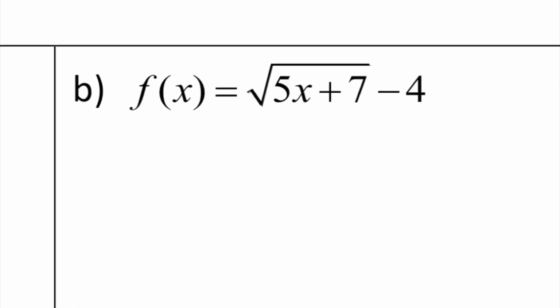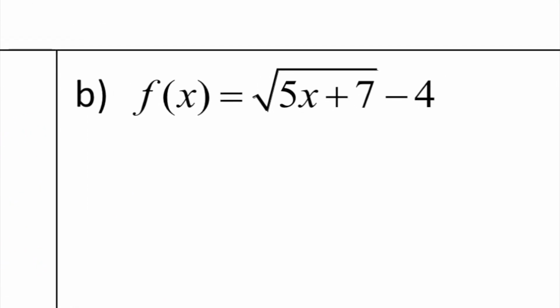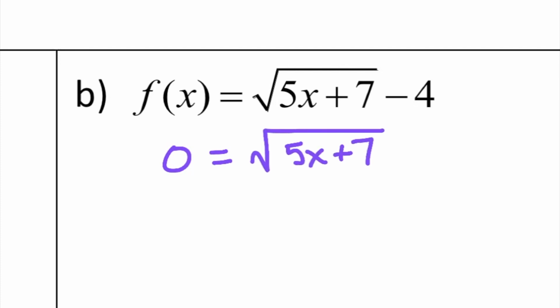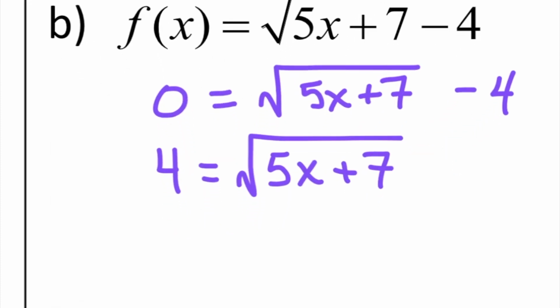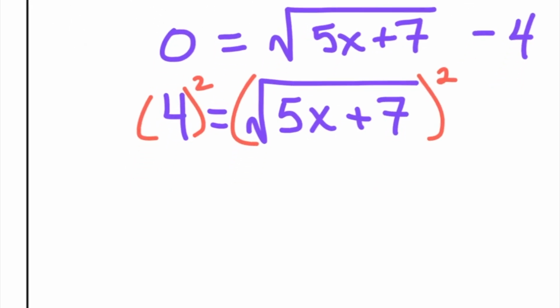For part B, once you've graphed it, 0 equals the other side of the function equation. I'll add 4 to both sides. And then when you're solving a radical, remember that you want to get the radical alone and then square both sides.